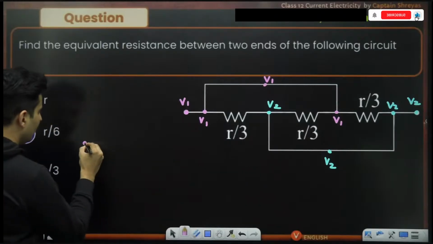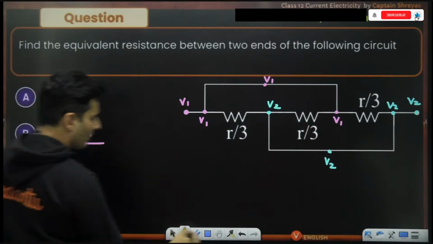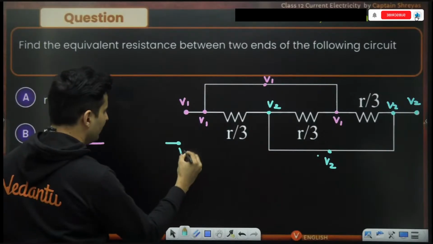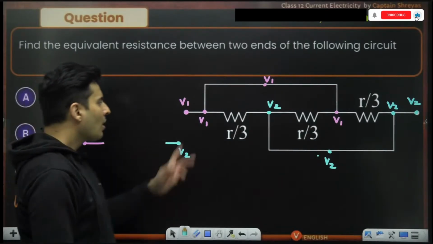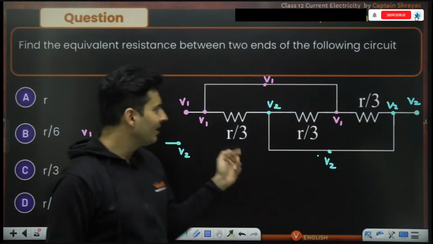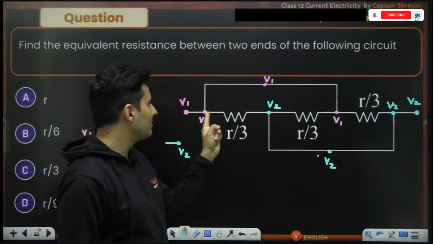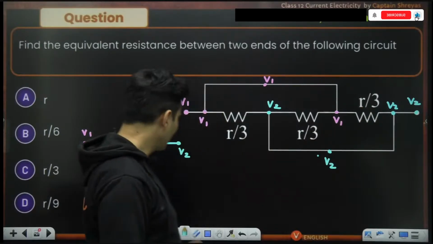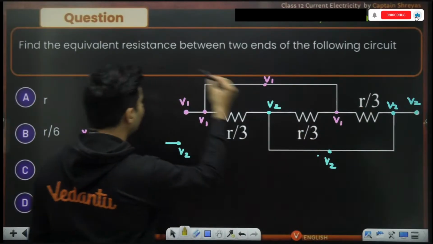On one side you have voltage V1 and on the other side you have this voltage V2 coming from here. All the resistors R by 3, R by 3 and R by 3 have the same voltage difference V1 minus V2, V1 minus V2, V1 minus V2. So look at it carefully.